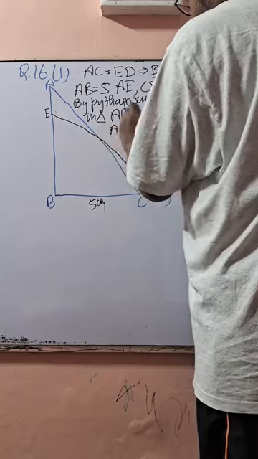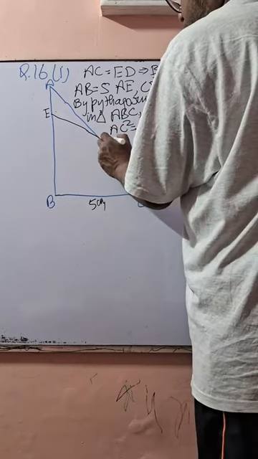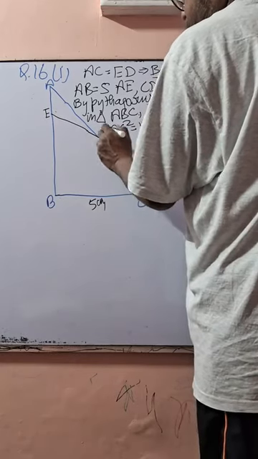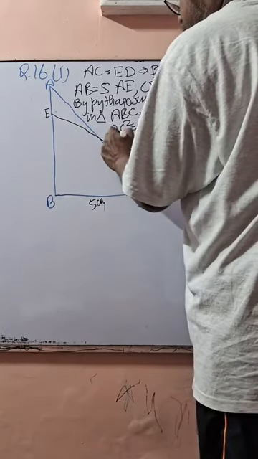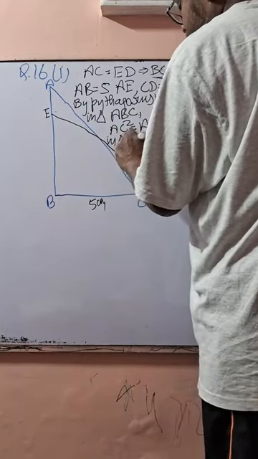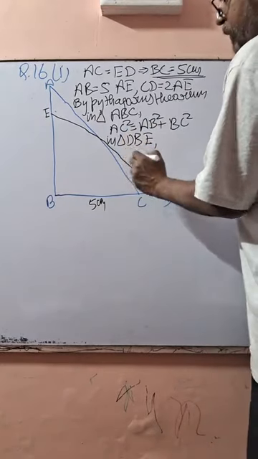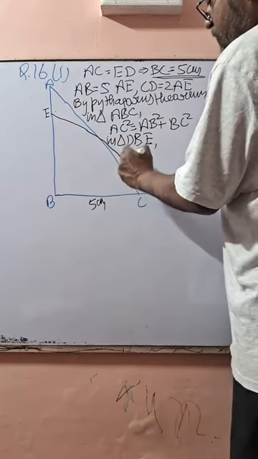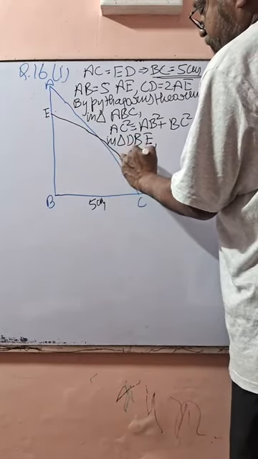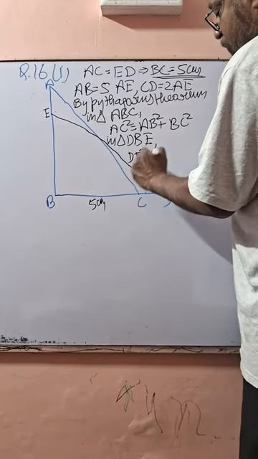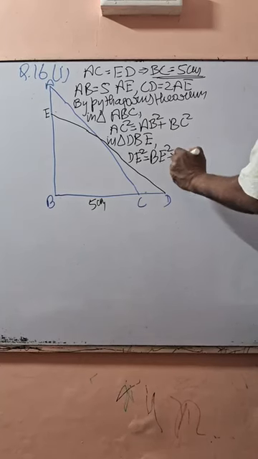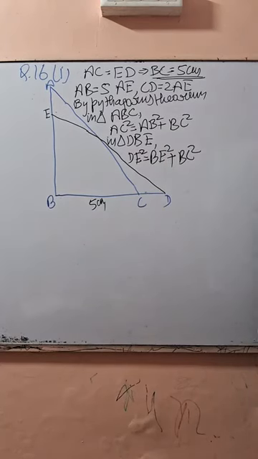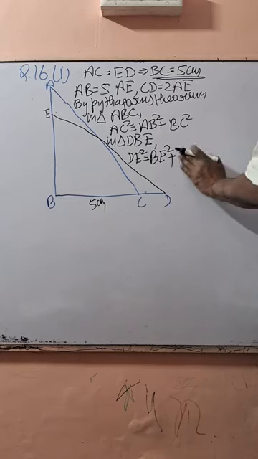And in triangle DBE, DE square is equal to BE square plus BD square.